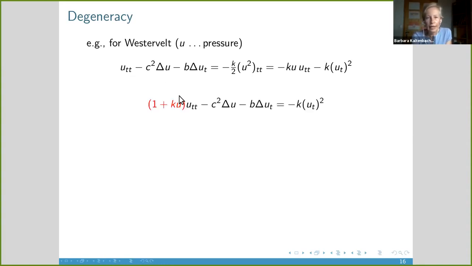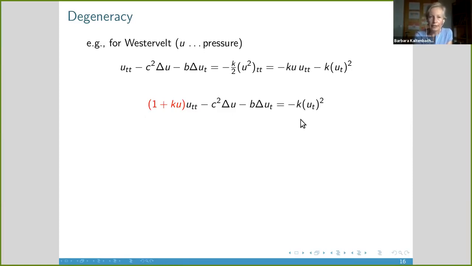Let's do that. And then it becomes a nonlinear coefficient in front of the second time derivative. So that's why this is a quasi-linear wave equation. And of course, if the amplitude is too large, then this coefficient could become negative or 0, and then this equation would simply degenerate, meaning that the model is not really valid anymore.